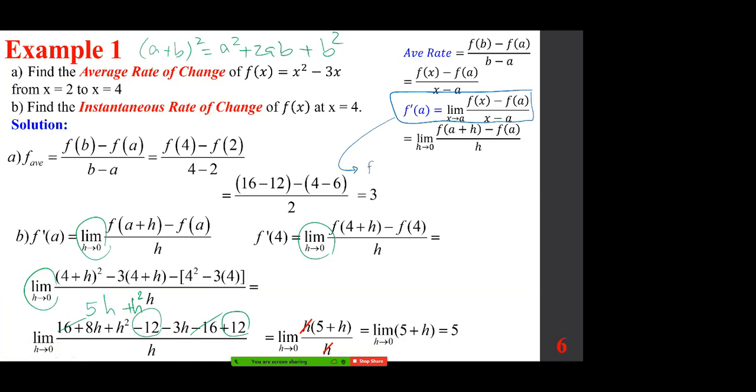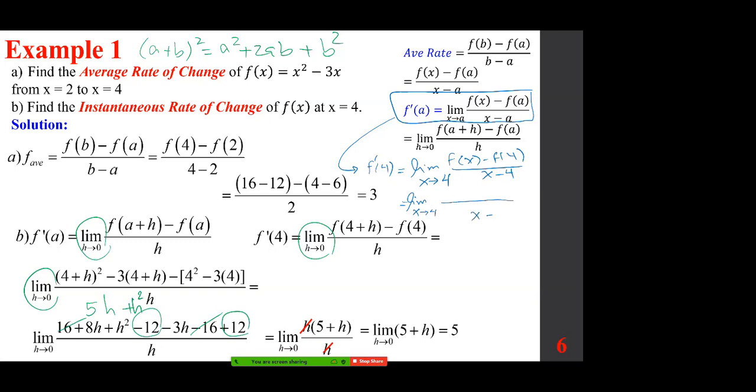prime of 4 is equal to the limit of f of x minus f of 4 over x minus 4 as x approaches 4. And so this would be the limit as x approaches 4.